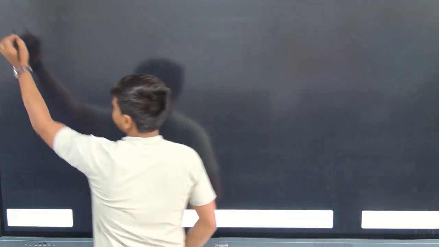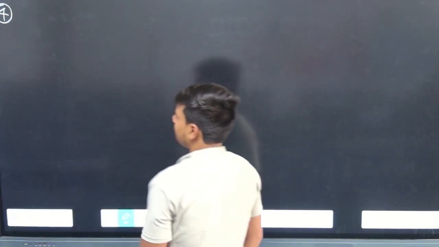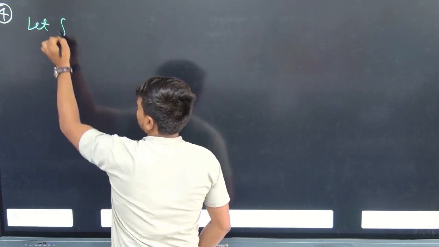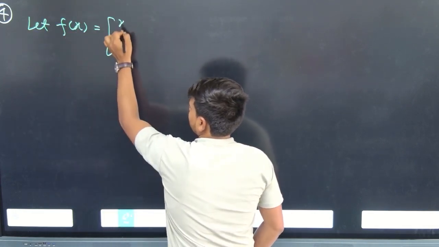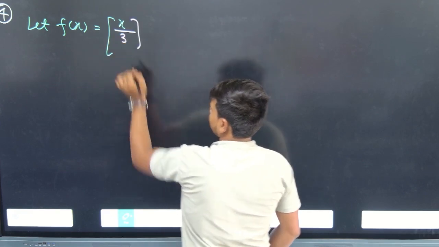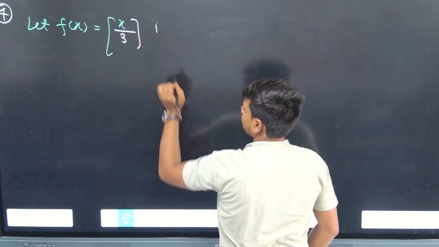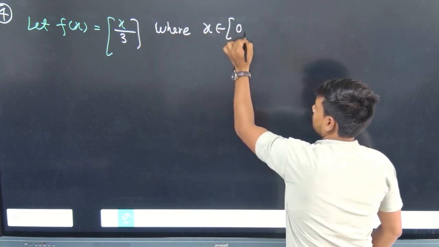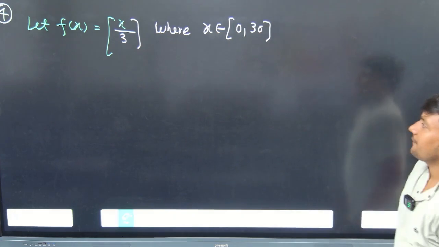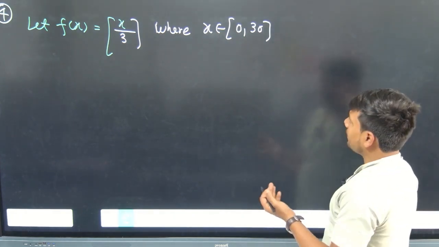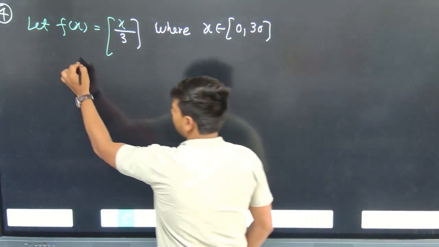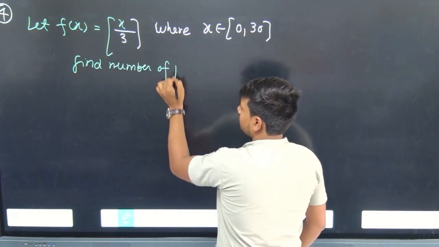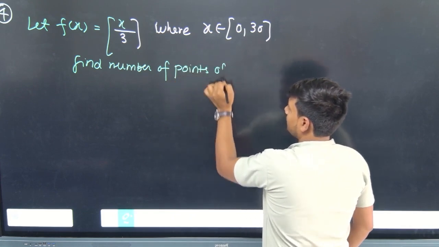So next question, I think this will be the fourth example. Suppose we have a function, let f(x) equal to the greatest integer of x by 3, where x belongs to 0 to 30. Find the number of points of discontinuity.